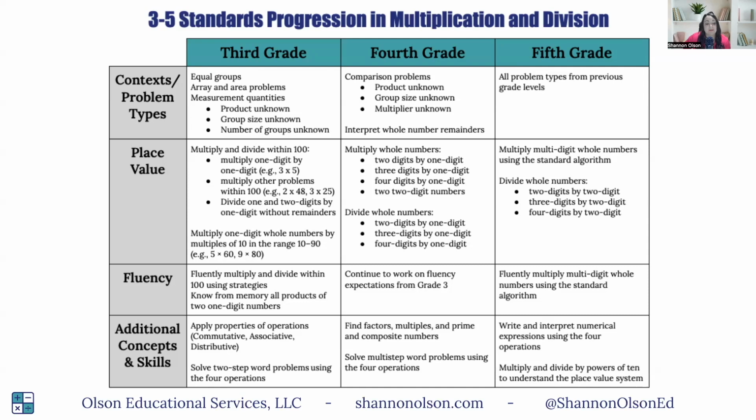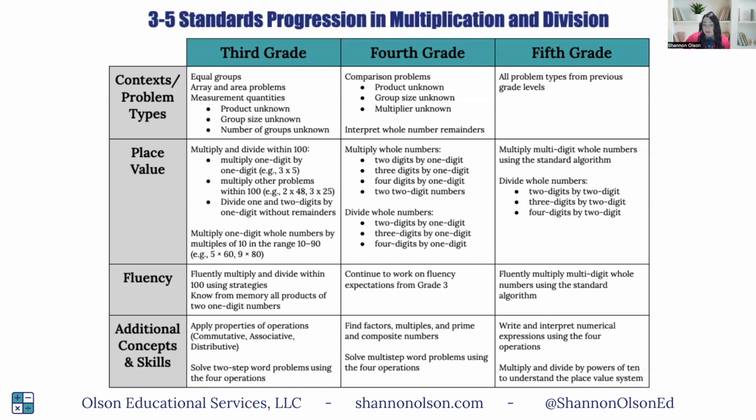Okay. Looking at fluency, in third grade, students are expected to fluently multiply and divide within 100 using a variety of different strategies, and then to also know from memory or quickly use mental strategies to know their products of 2 1-digit numbers. So looking at everything from 1 to 9 and knowing those facts.